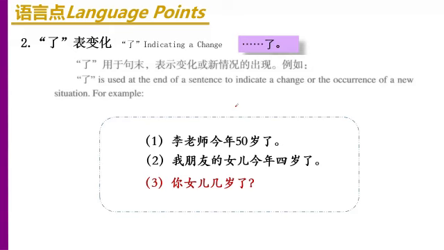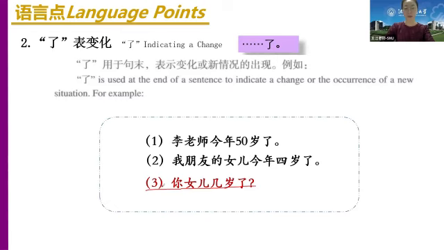For example, number 3, the sentence from text 2. 你女儿几岁了？How old is your daughter? 她今年4岁了。So it indicates a change. Her daughter has grown up. Her daughter is 1 year older than last year, right? So her daughter has changed.